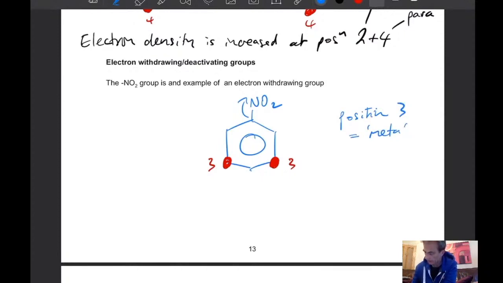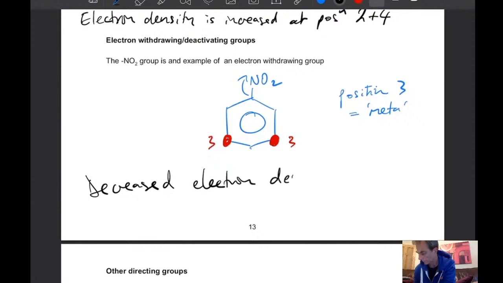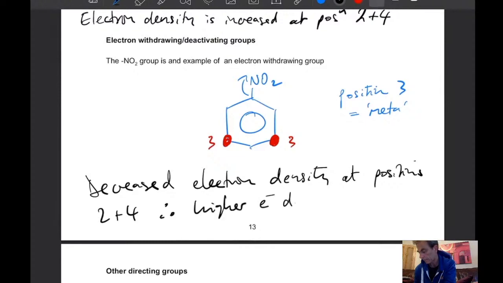So we're just going to say decreased electron density at positions 2 and 4, therefore higher electron density at position 3.